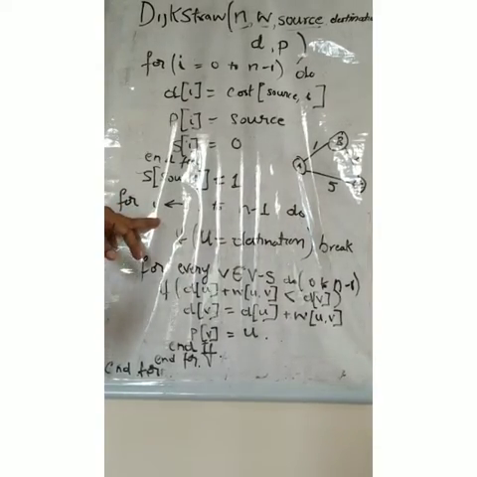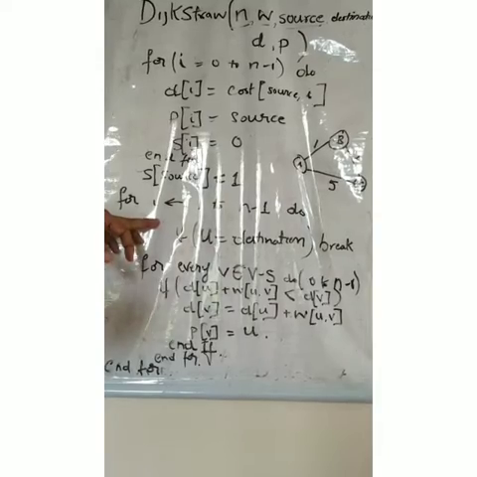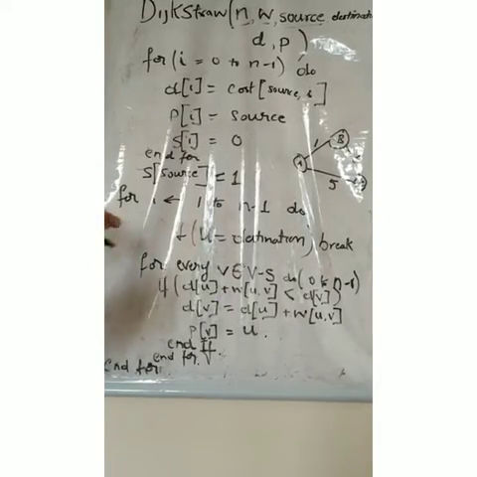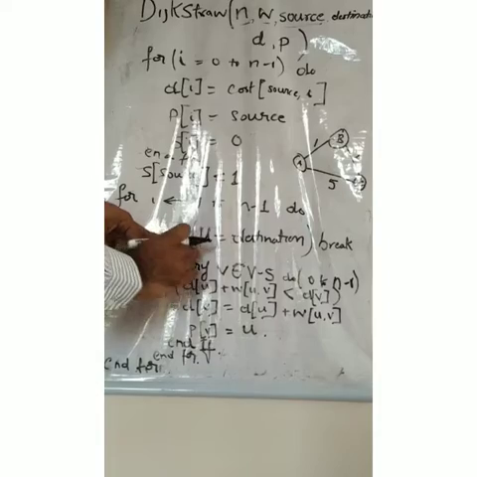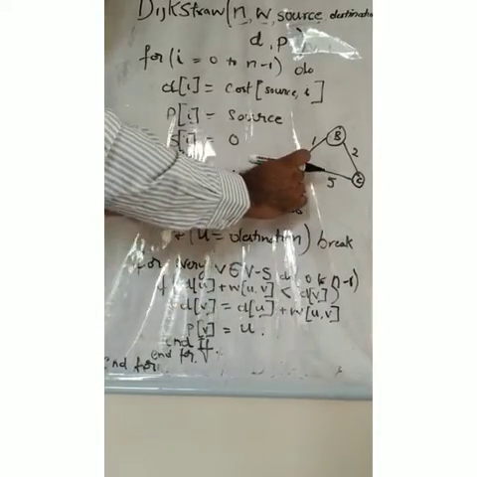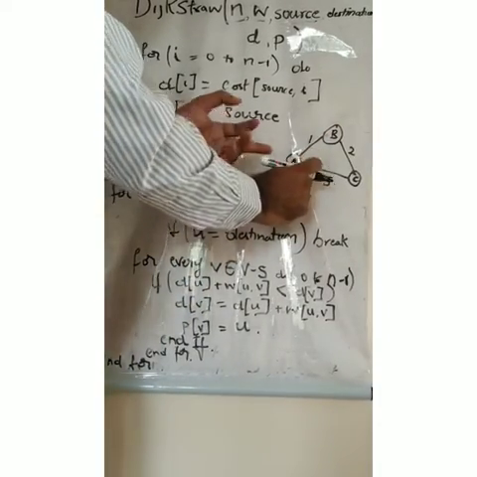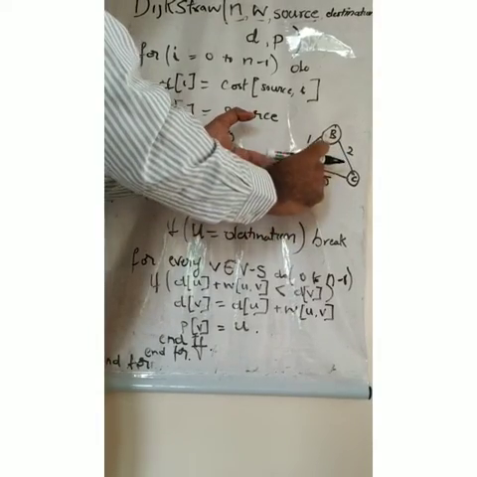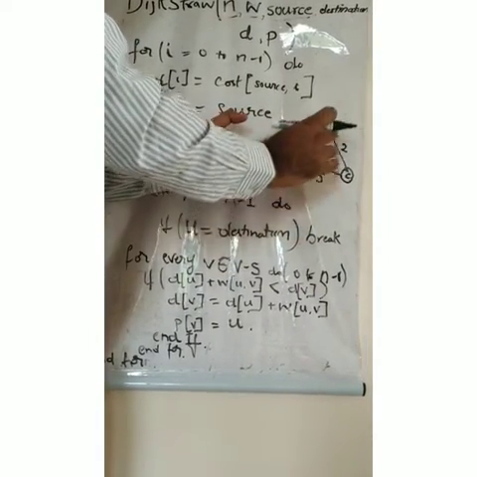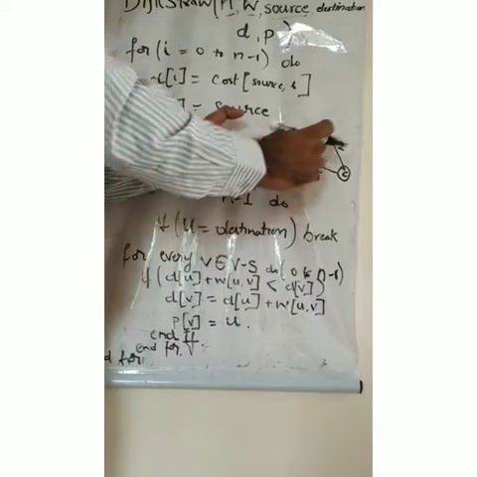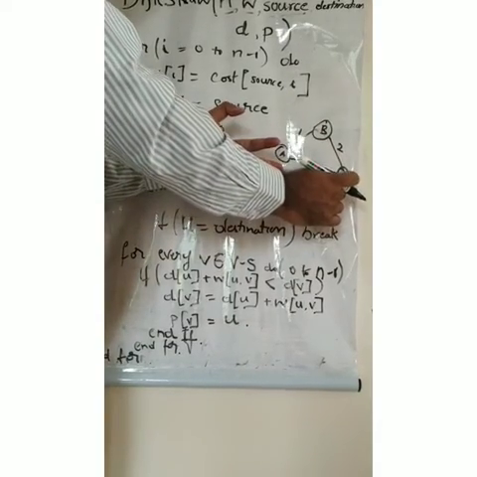Now there is one more loop. Here we are going to consider the shortest path from A. Now we have visited A. What are the vertices that are connected to A? B and C are connected.